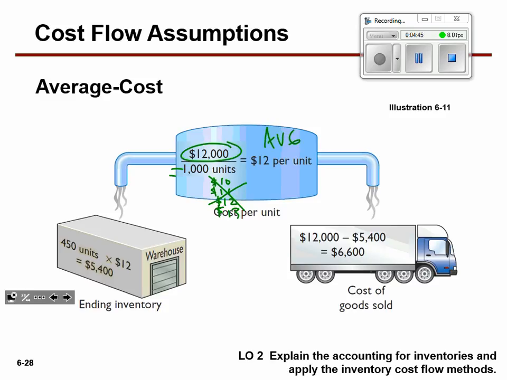From there, you can roll into what's shush or gone, sold to customers. So it's still the 450 are here, 550 are gone, but let's just average our costs instead of beating ourselves up over first in, first out, or last in, first out.